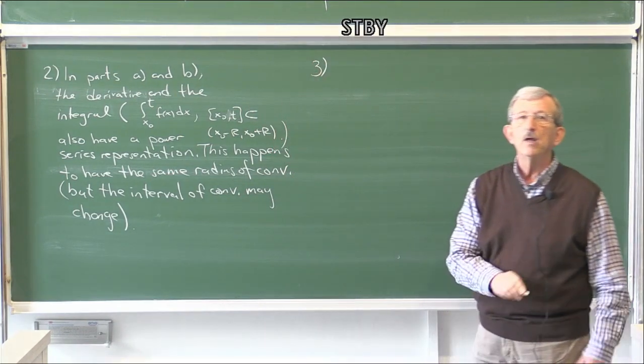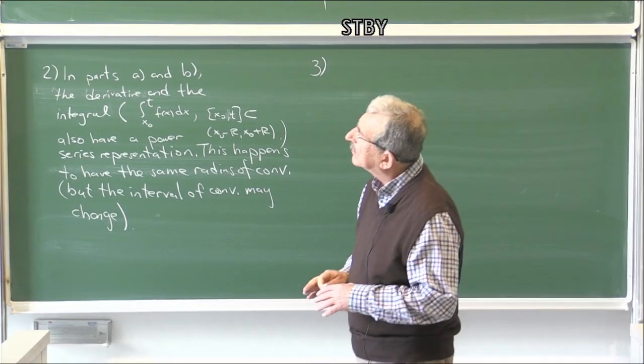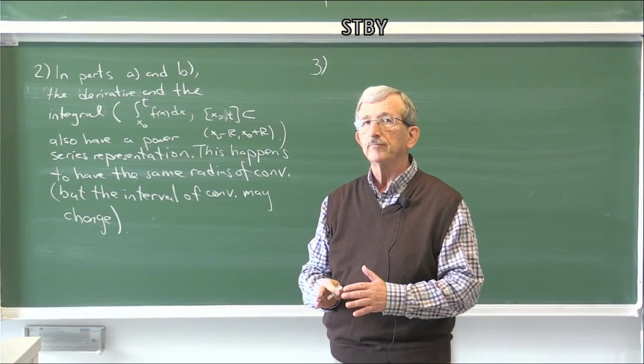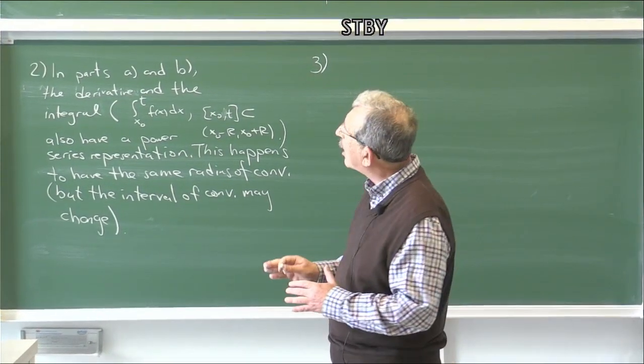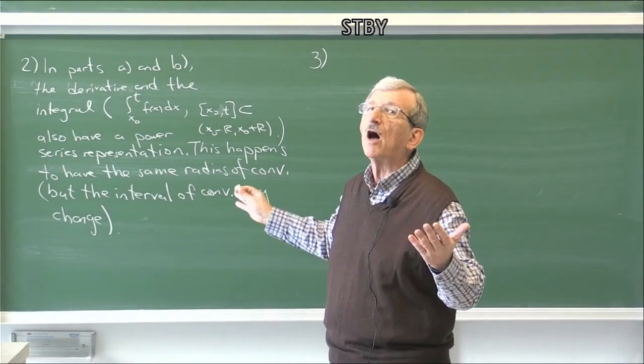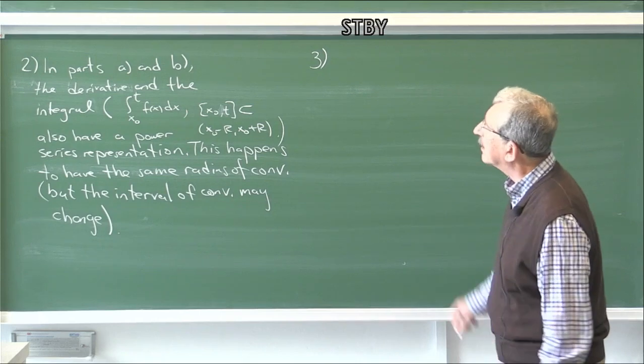Now in part A, we see that the theorem says nothing about the endpoints. It says something about the open interval inside and the open interval outside. But for the endpoints, it tells us nothing.